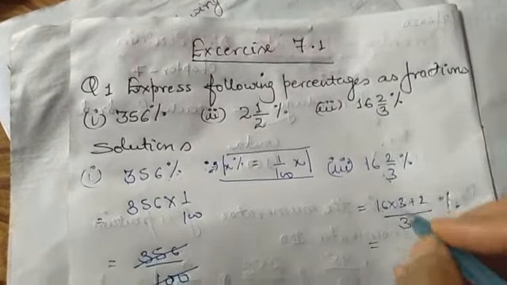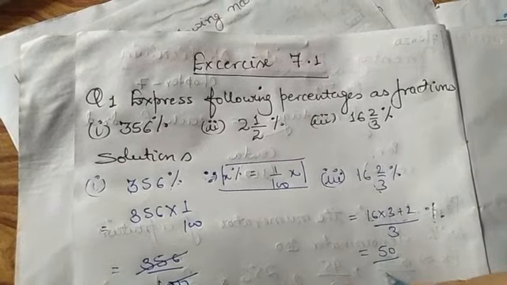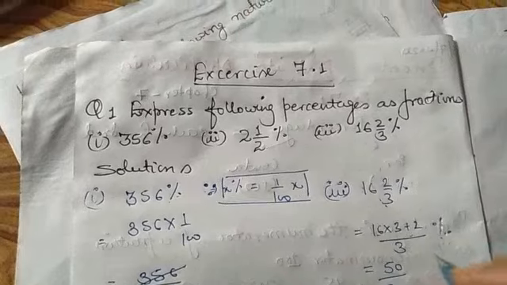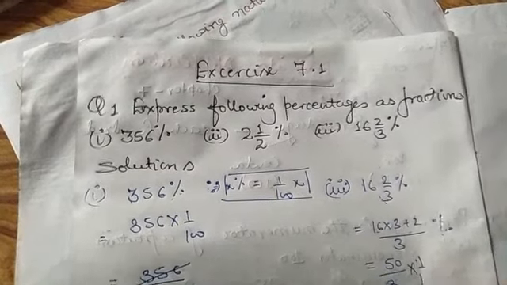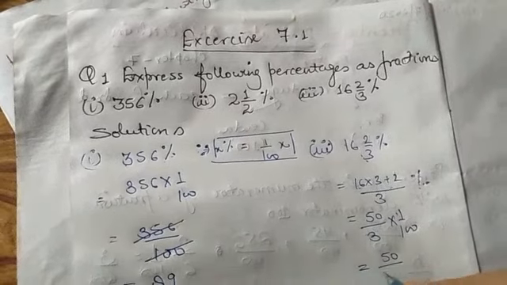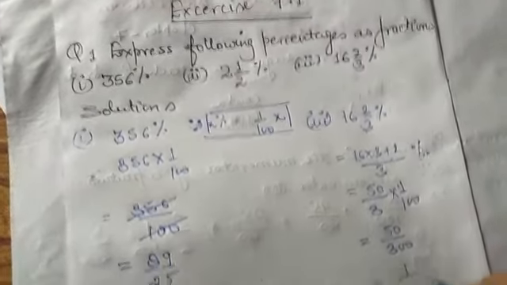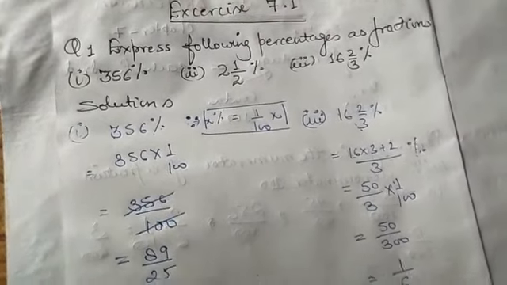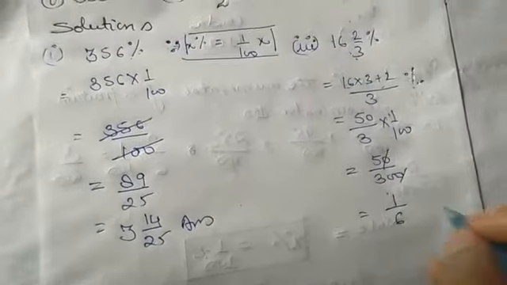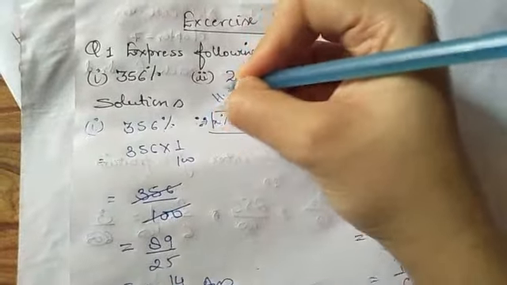Now again, 16 into 3 is 48, 48 plus 2 is 50 upon 3. And now x percent is equal to 1 upon 100 into x. I wrote it like this, 50 upon 300, which is 1 upon 6. Easy, 5 sixes are 30. So this is the answer. Giving you the second one as homework.